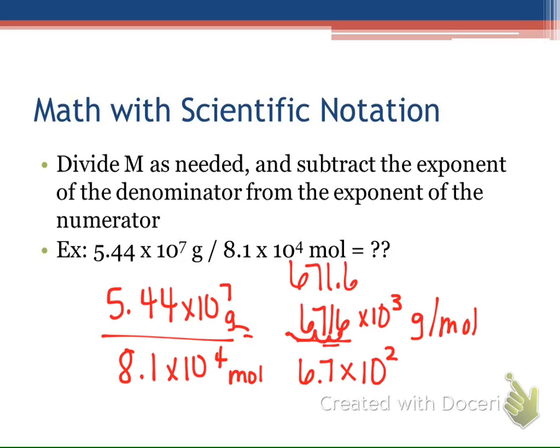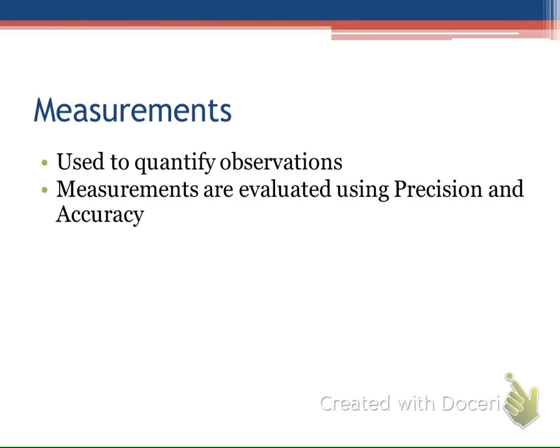So about 670, right? And that's what we're saying here. If we move this 2 places, we get about 670. We on the same page? Okay, so here we can only have 2 SigFigs because 8.1 only had 2 SigFigs. This was our final answer. Units were grams per mole. And accuracy.